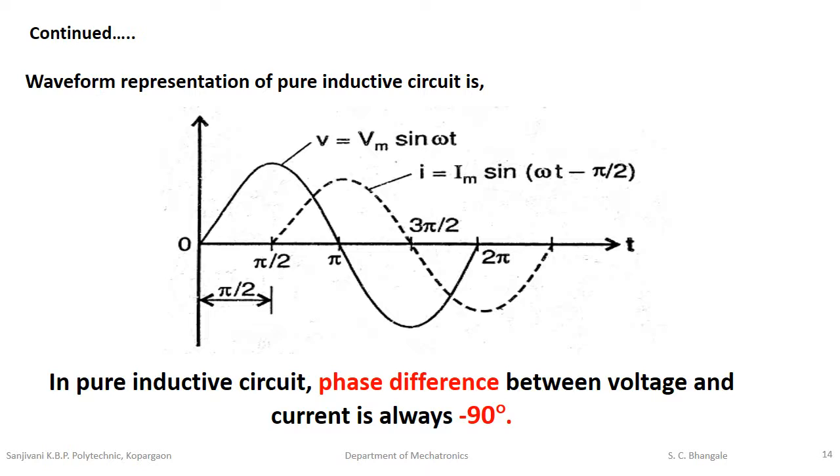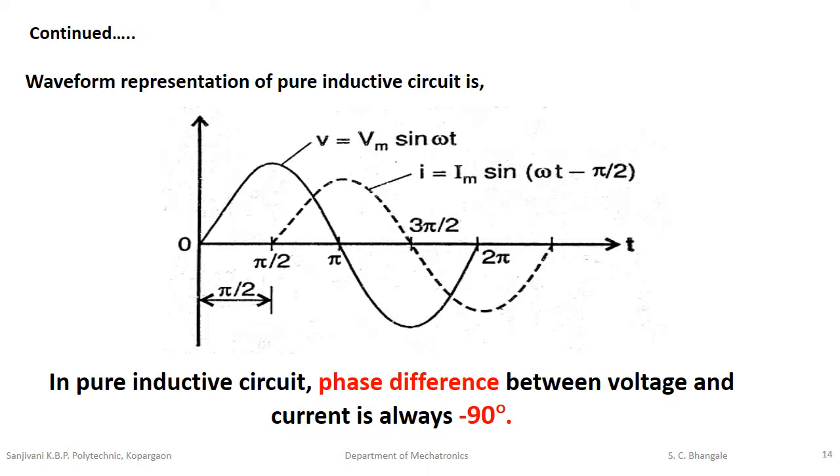The black waveform indicates the applied voltage, which has the value V equals Vm sin omega t. The dotted waveform indicates the instantaneous current, which has the value Im sin omega t minus pi by 2.